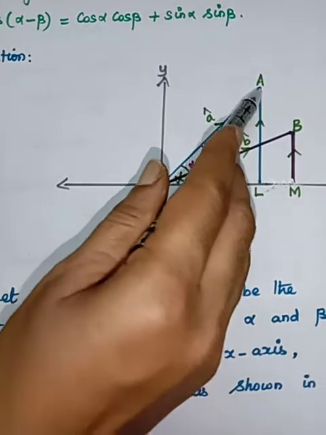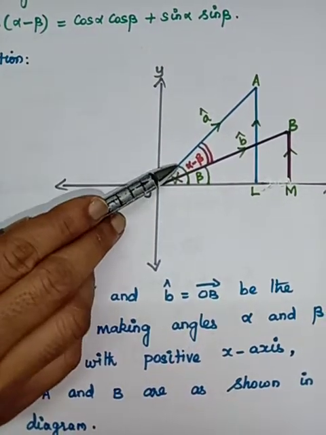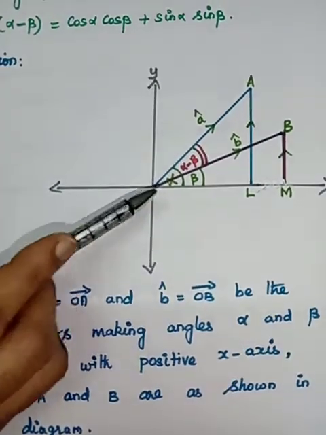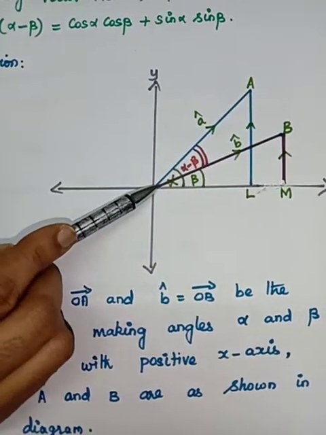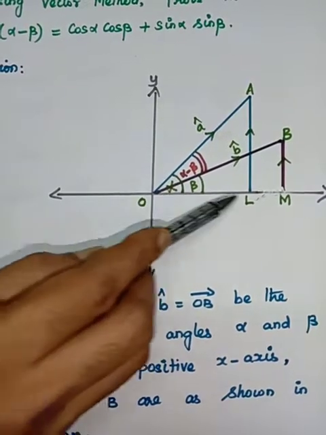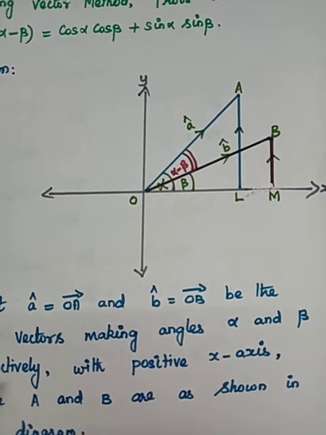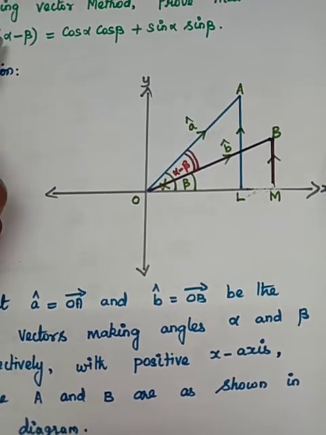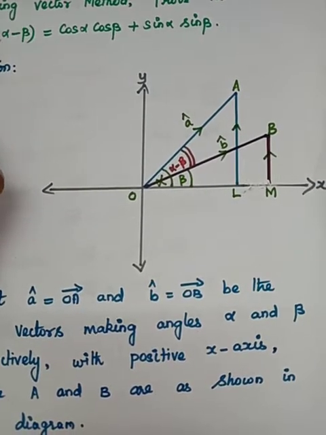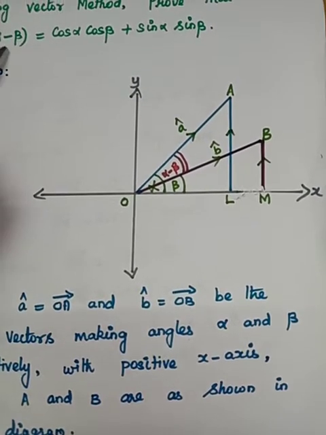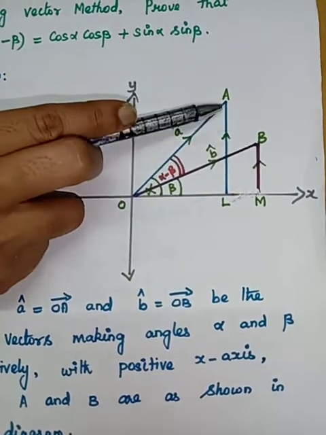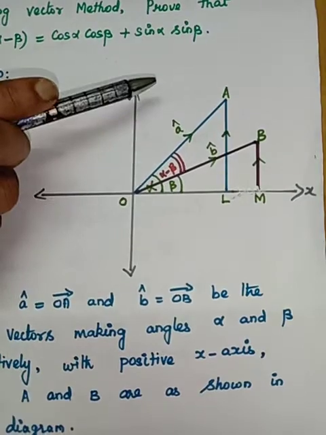That means OA vector makes angle alpha with the positive x-axis, and in the same way OB vector makes angle beta with the positive direction of x-axis. Since alpha minus beta is given, you have to take A and B both in the first quadrant.